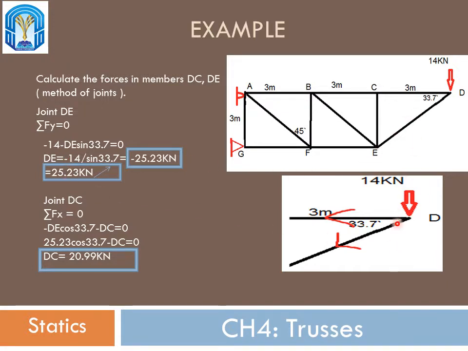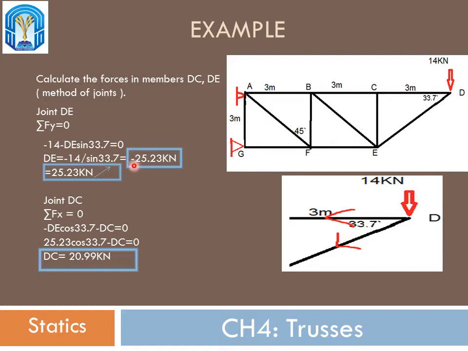Minus DE sine 33.7 equals 0, and DE equals minus 14 over sine 33.7, equal to minus 25.23 kilonewton.